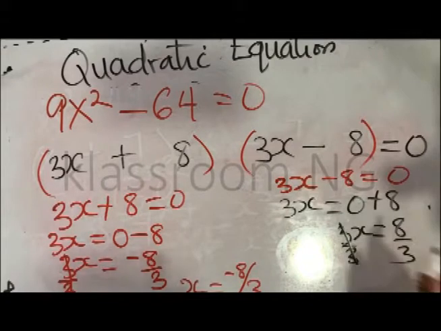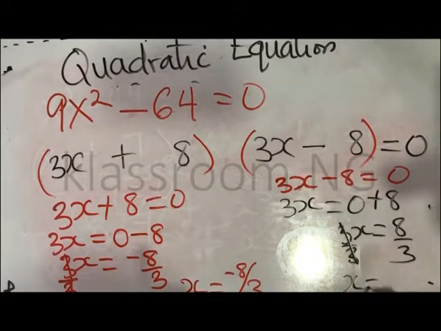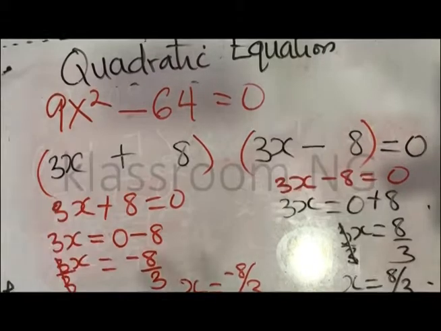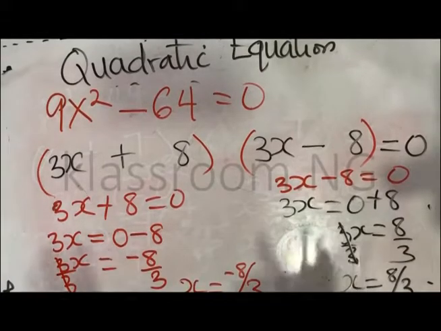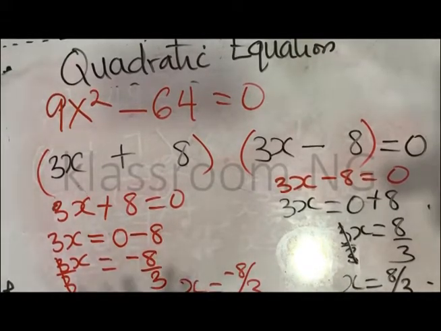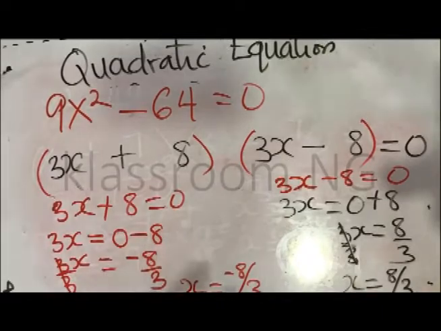So 3 will cancel 3, leaving us with x equal 8 over 3. So that is it. Now the first two examples we had numbers that have perfect squares in them. So that's why we had to use perfect square to solve them. But we're going to look at another example.